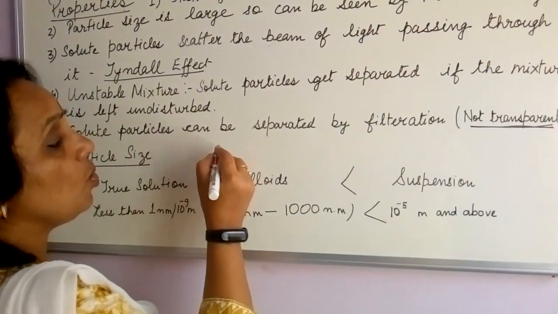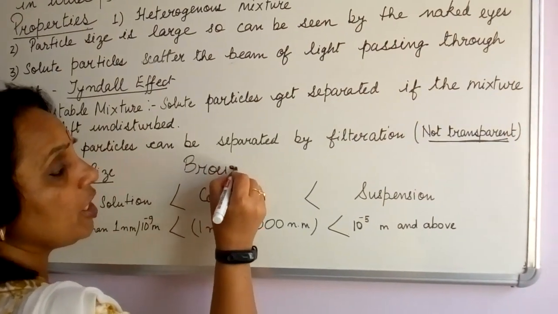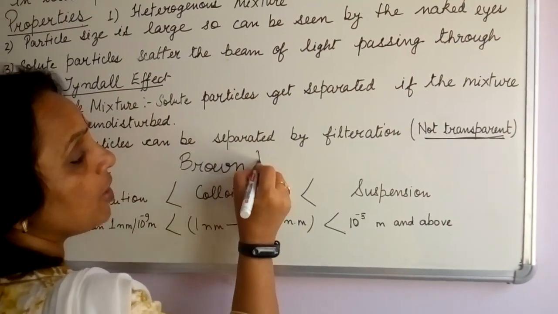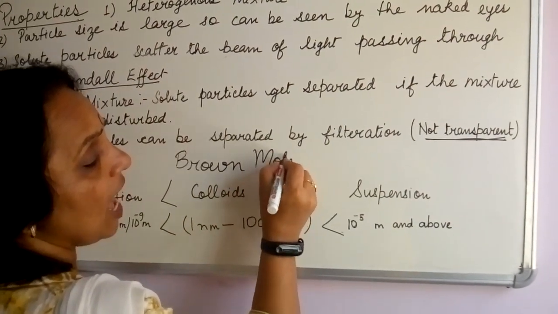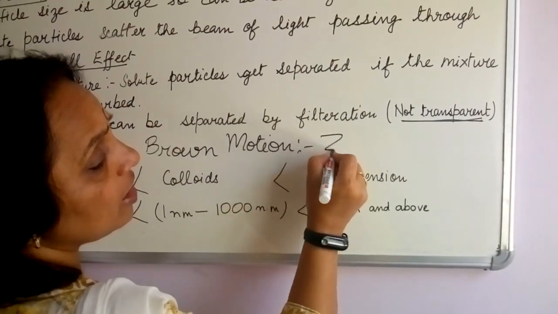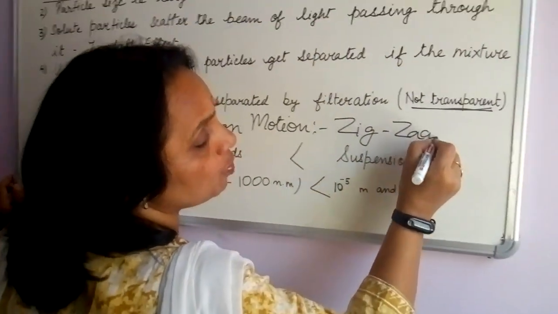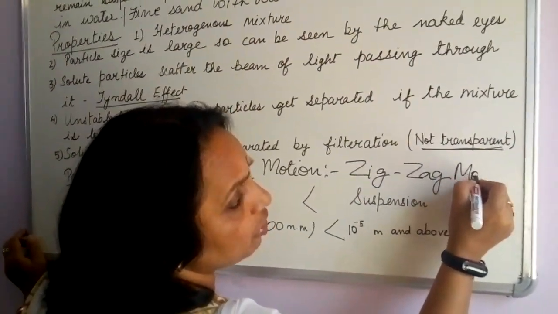Now I missed one topic here, that is Brownian motion. So what is Brownian motion? Brownian motion is a zigzag motion seen in case of colloids. The zigzag motion of the solute particles. Remember, where do we see this?